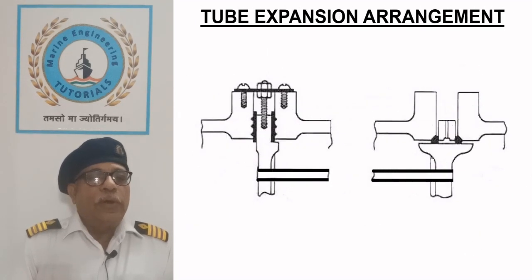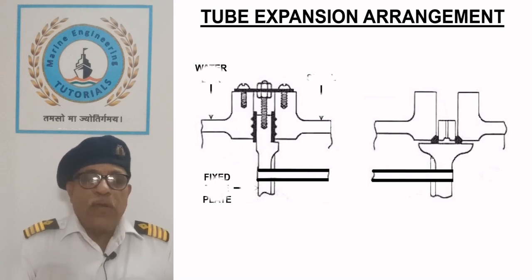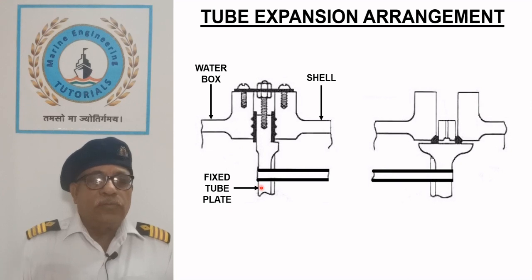Tube expansion arrangement. The sketch shows the attachment details of the tube plates between shell and water boxes with tube expansion arrangement. Fixed tube plate is sandwiched between shell and water box.